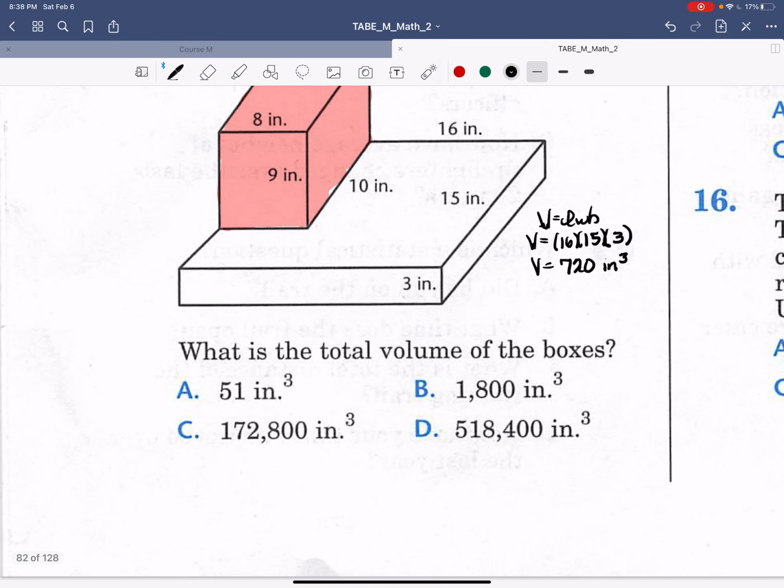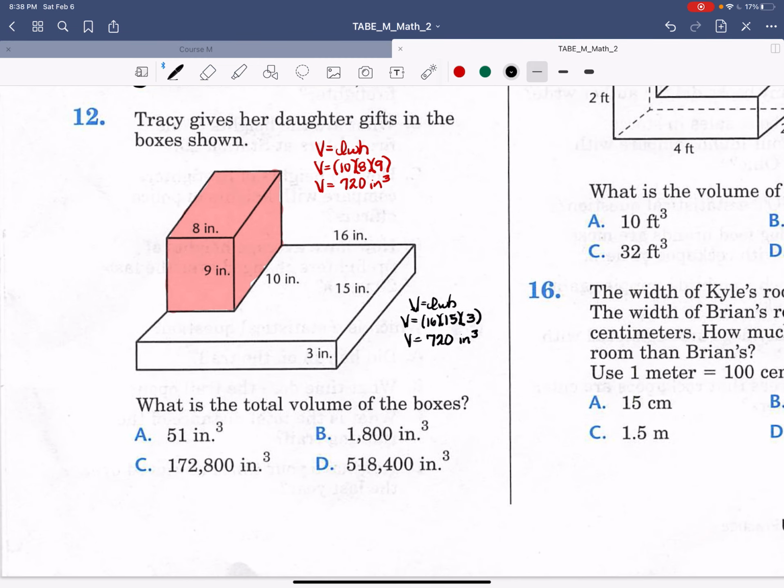What is the total? So that means add those two together. Volume of the boxes. And something is not right here. What have I done wrong? What is the total volume of the boxes? And see, if you were with me in the classroom, you could tell me what I did wrong.